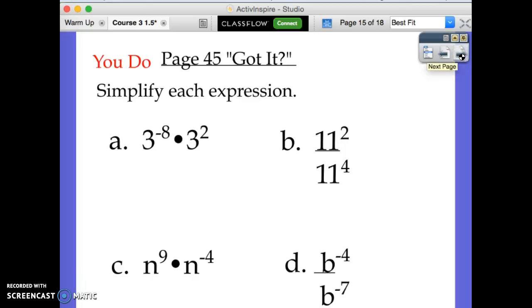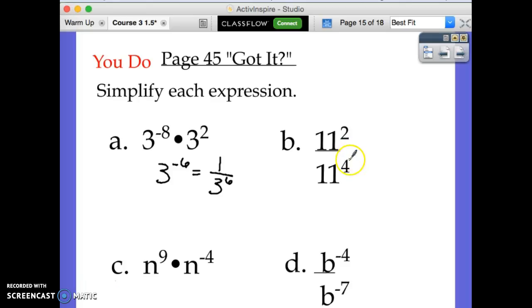Now we're on page 45 of the Got It. Pause the video and then check your answers. Okay, you subs should have paused the video, checking your answers, adding those. We get 3 to the negative 6th, which becomes 1 over 3 to the 6th.